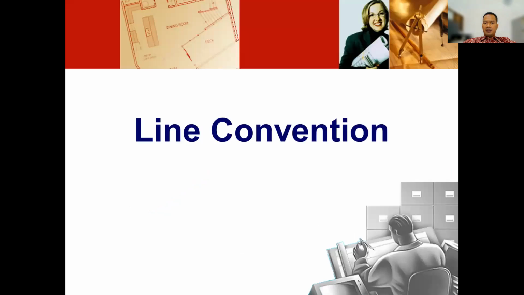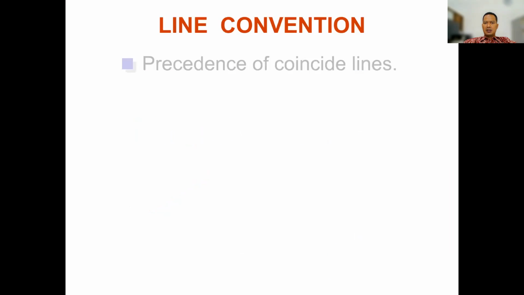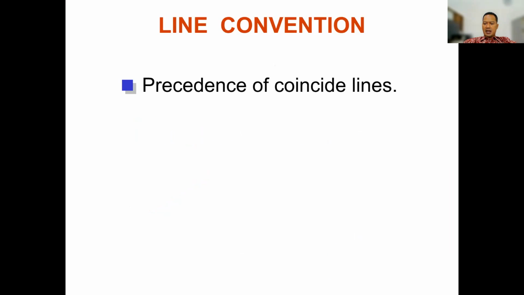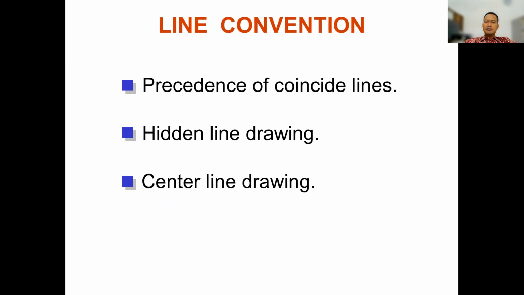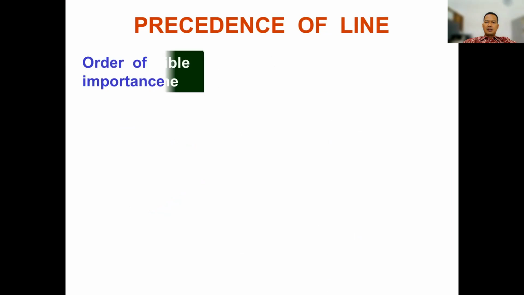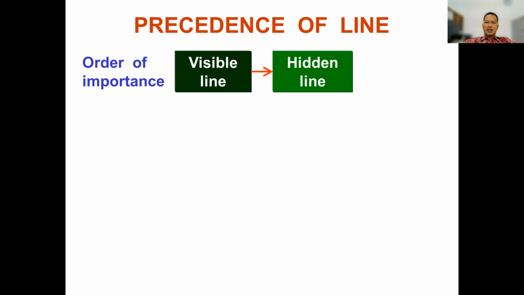And then about the line convention: precedence of coinciding lines, hidden line drawing, center line drawing. Precedence of line, for example, the order of importance, is visible line, hidden line, and center line.